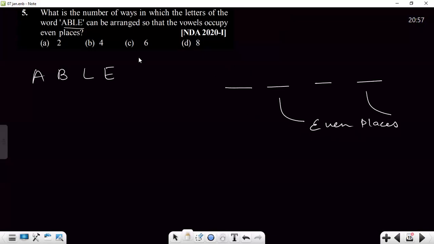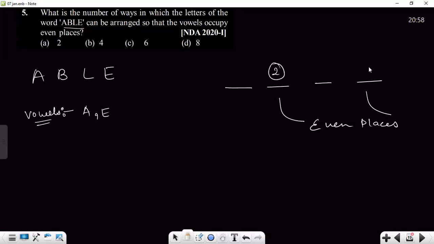And we have to make a certain situation where only vowels will occupy them. How many vowels are here? Can anyone tell how many vowels there are? Yes, A and E. So how many options to fill the second position?